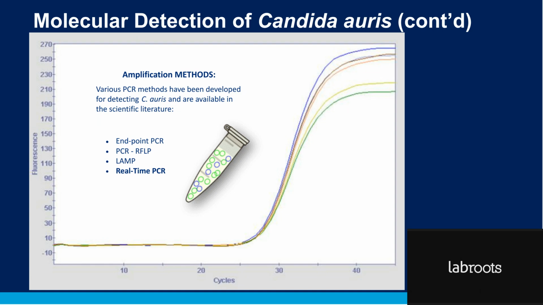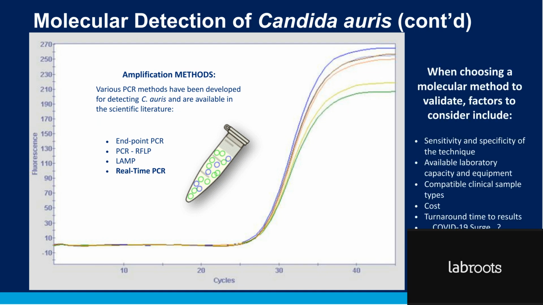A few considerations as my lab was thinking of adopting an amplification method for the identification of C. auris: what are the important characteristics that we want in this method? Obviously, we want the method to be sensitive and specific. Of course, that will depend on the primer sequences and the probe location.